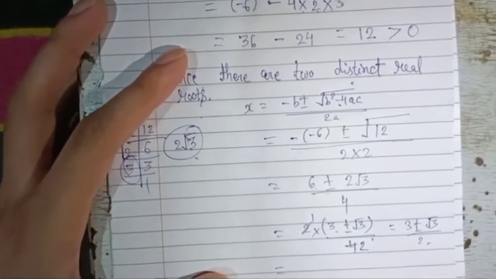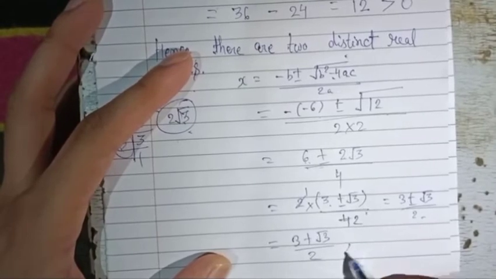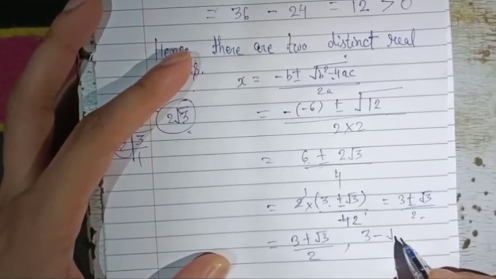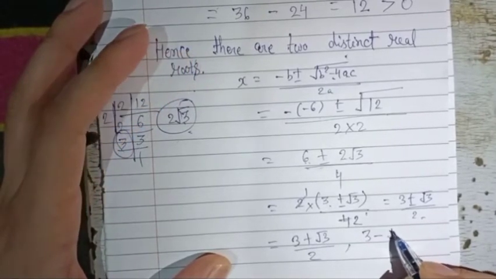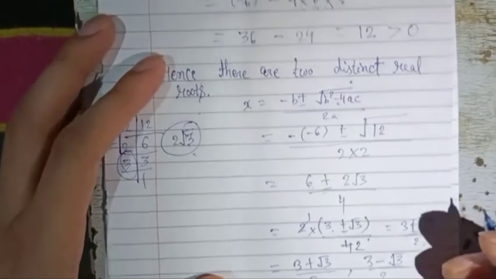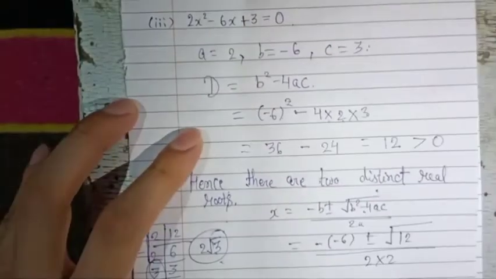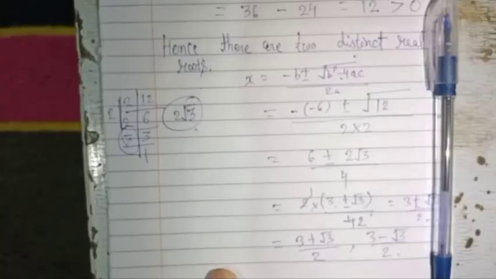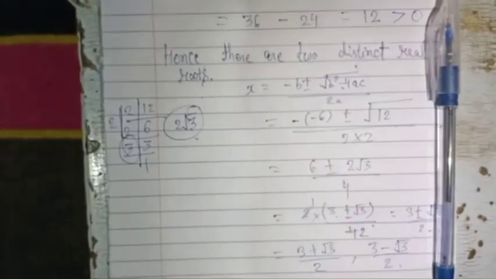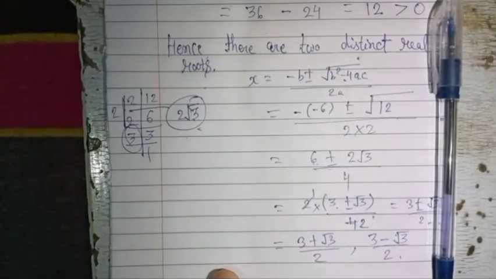That means there will be 2 answers, 3 plus root 3 divided by 2 and 3 minus root 3 divided by 2. So there will be 2 values of x, that is 3 plus root 3 upon 2 and 3 minus root 3 upon 2.